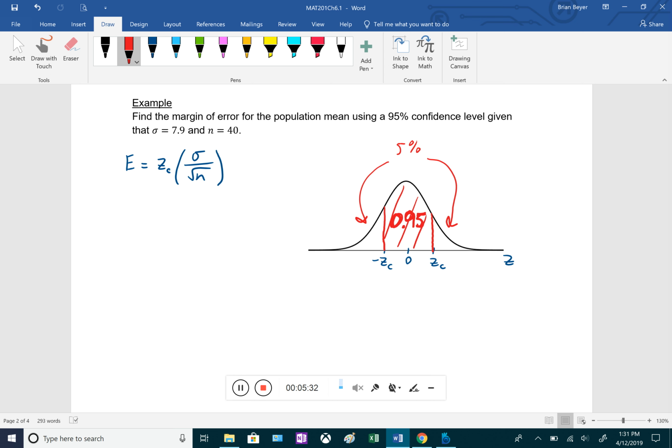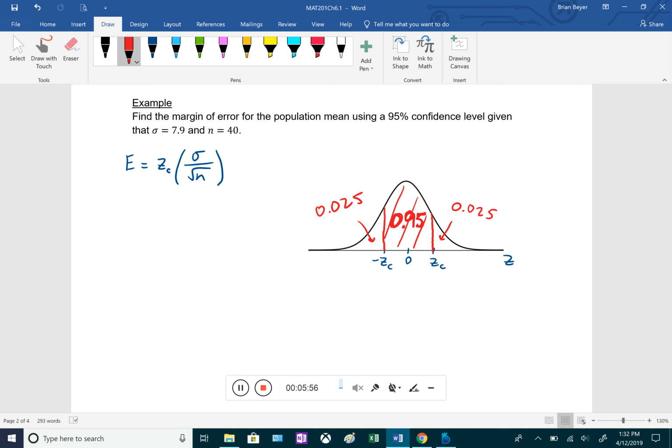Since this is symmetric, we have 2.5% here and 2.5% over here. So as a decimal, 2.5% will be 0.025. So that's going to be the area in these little non-shaded portions.